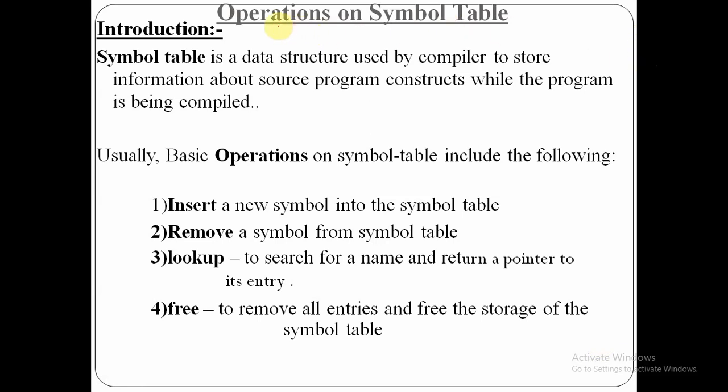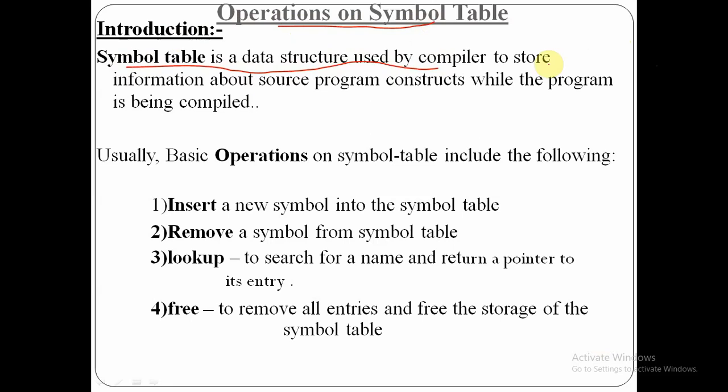Second topic, operations on symbol table. The symbol table is a data structure used by the compiler to store information about source program constructs like variables while the program is being compiled.